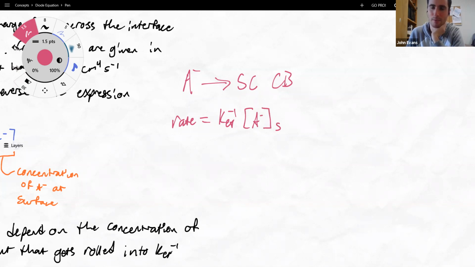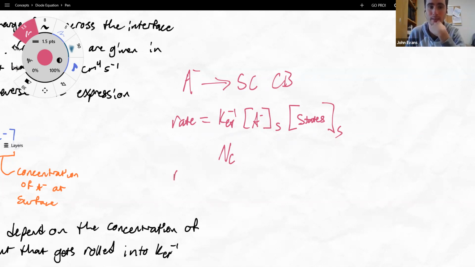And then we have to multiply by the concentration of states at the surface, the states in the conduction band. Those are going to be our acceptors in this case. Well, we have an expression for that, right? We have N sub C, the effective density of states for our conduction band. That's exactly what we're looking for.